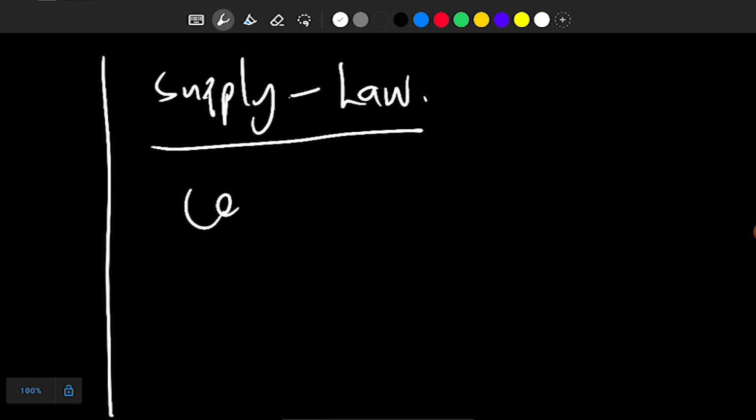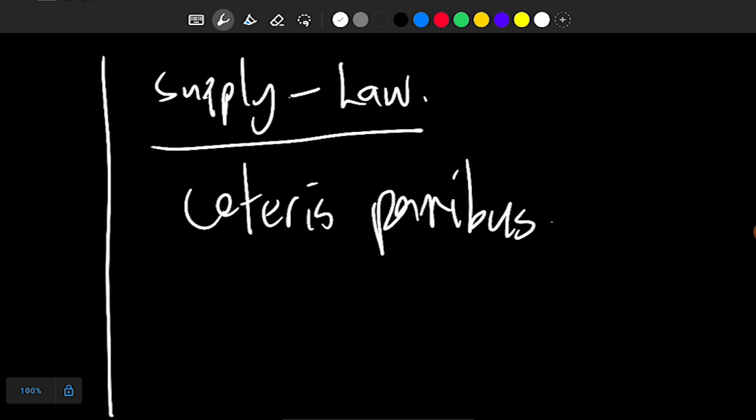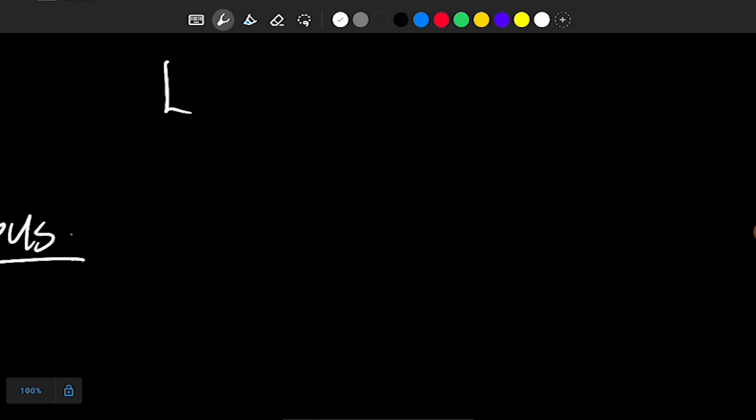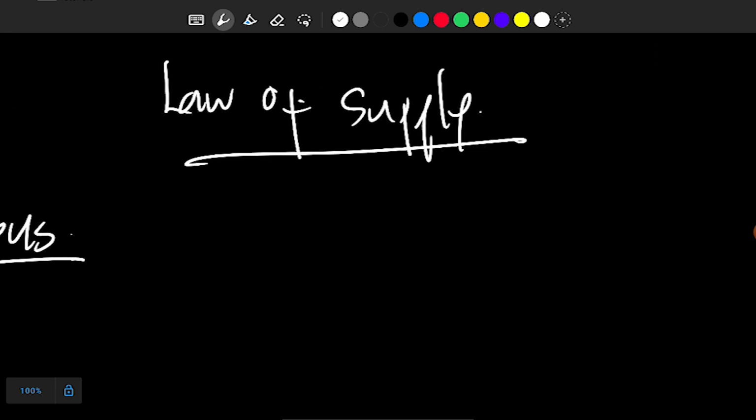So we have this concept called ceteris paribus, which means we are holding all other factors constant and varying only one factor. So let's get into discussing the law of supply as a start. And we see that we are talking of the supply side.